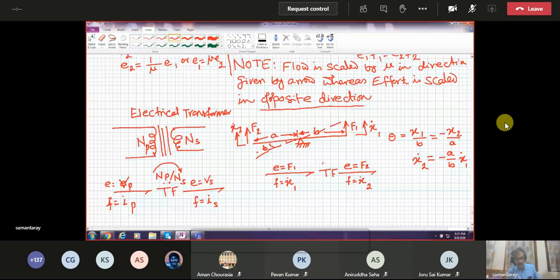So what we get here, the modulus, is minus a by b. Now you will ask me, where is the transducer? Transducer means change in energy domain. That is the basic property of a transducer.